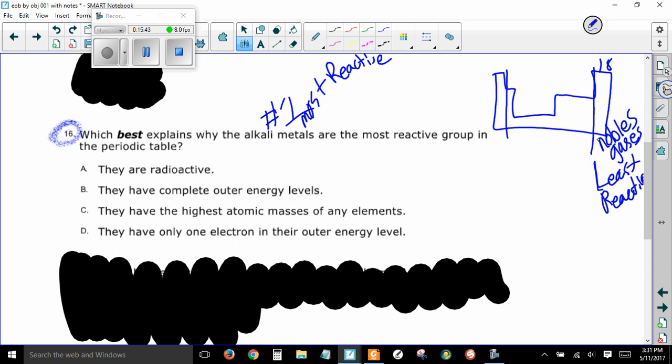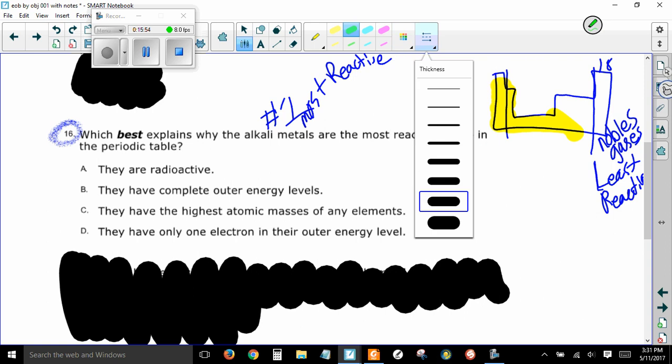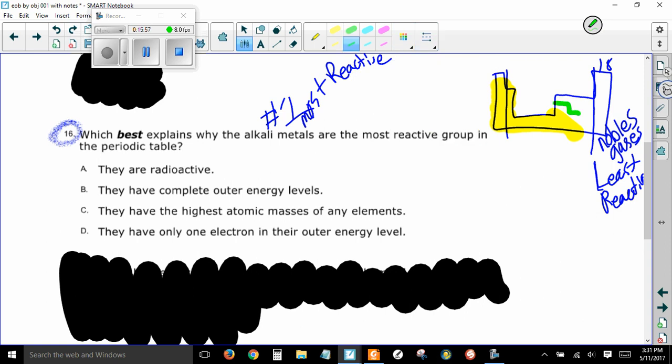Now, in general, everything over here except for hydrogen are metals, and there's a stair-step line here that indicates the metalloids. So everything on that line except for aluminum is a metalloid. And in general, the stuff over here, including hydrogen, is a non-metal. So we have the metals, the non-metals, and on the stair-step line, we have the metalloids.